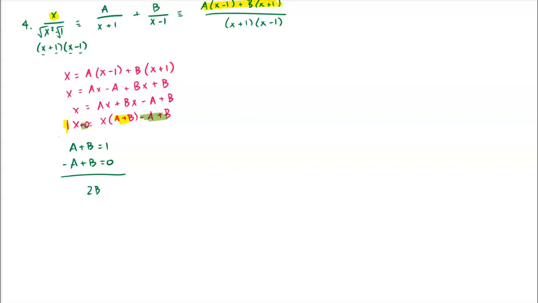So I had to go back and forth and figure something out because there was some kind of discrepancy with the software that I'm using, and it kind of messed it up. So let's see. So a plus b equals 1, and then negative a plus b equals 0.